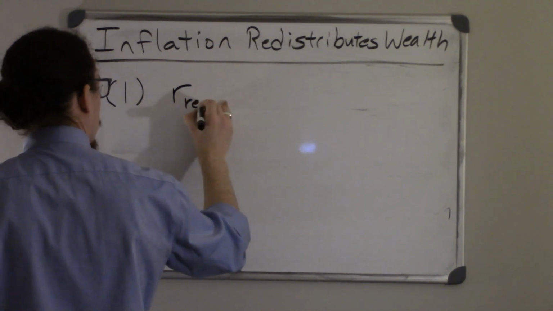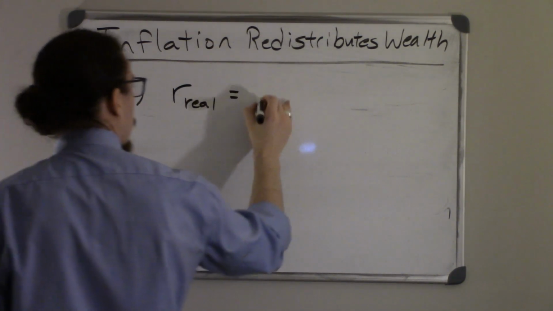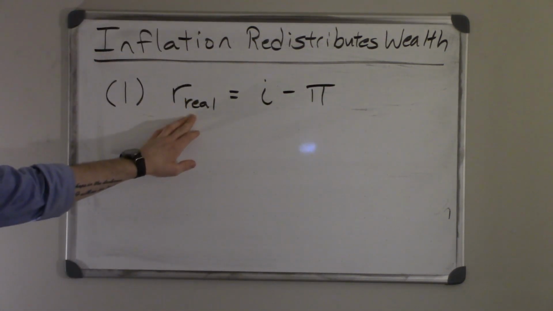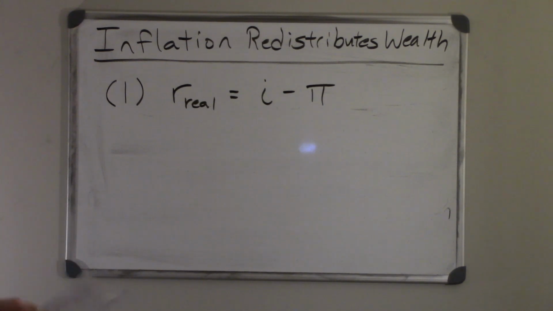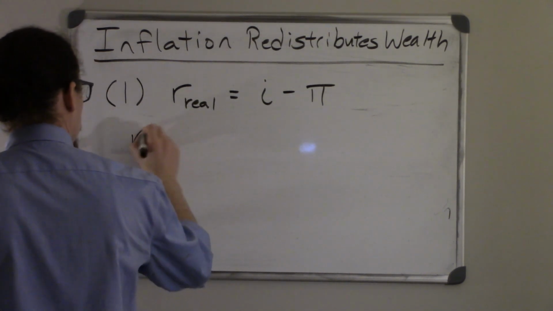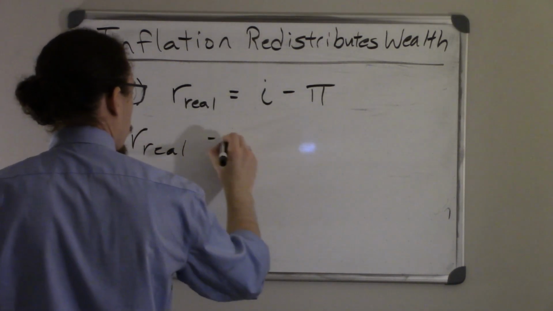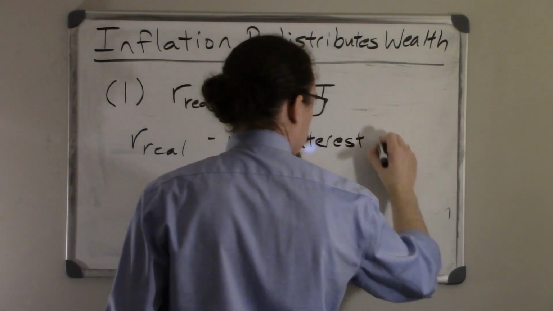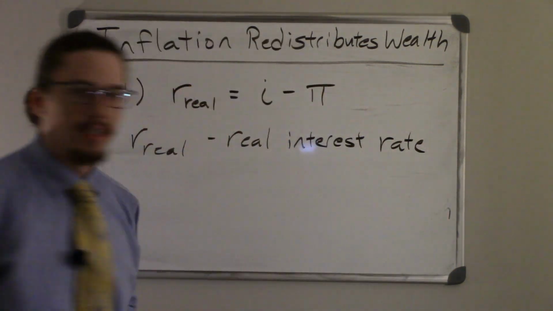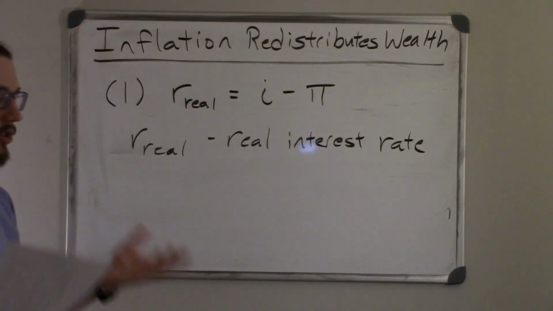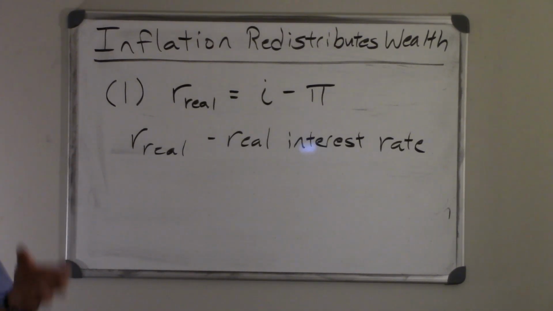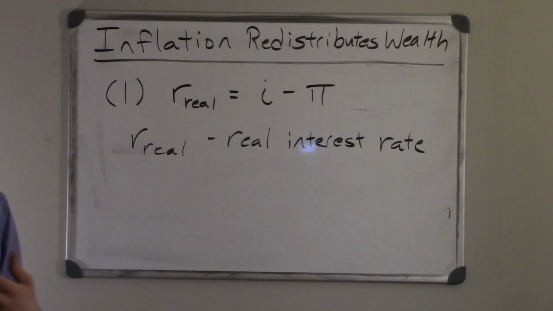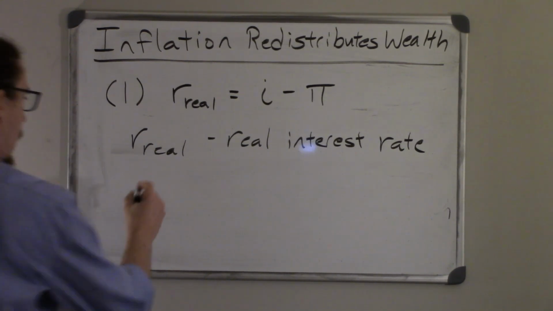So this first equation, all right, this is R subscript real. This is the real interest rate. All right, so this is the amount, the interest paid at the end of the day by the borrower and what is received by the lender.